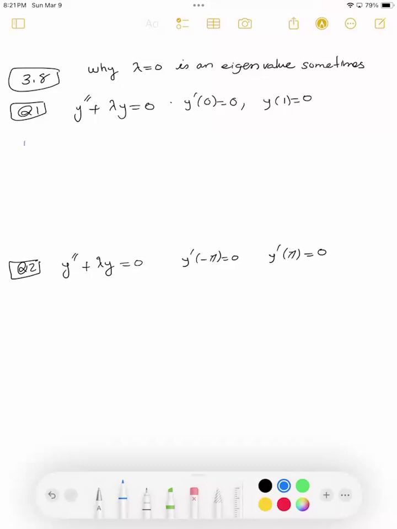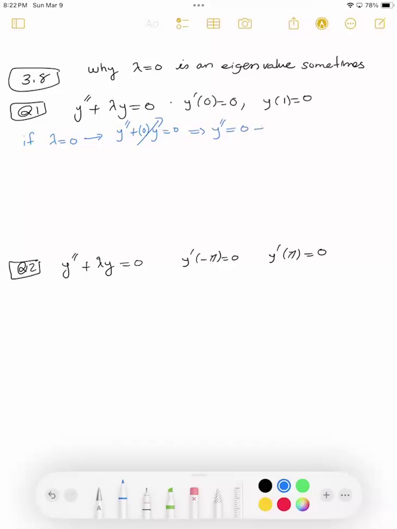I'm just going to say that if lambda is equal to 0, then we have y double prime plus 0y equal to 0. But 0 times y is 0, so we get y double prime is equal to 0.